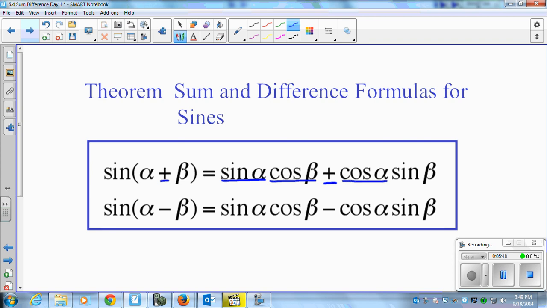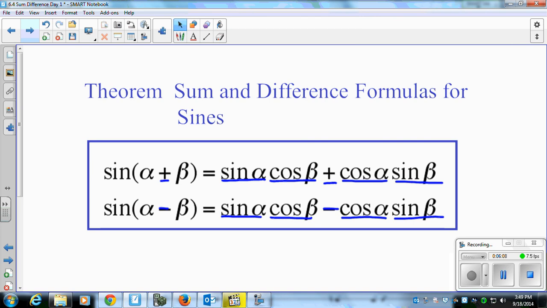Cosine of alpha, sine of beta. For the difference, again, sine is the same, but these alternate. So it's sine of alpha, cosine beta. Cosine alpha, sine beta. All right, so let's go ahead and look at an example for this.